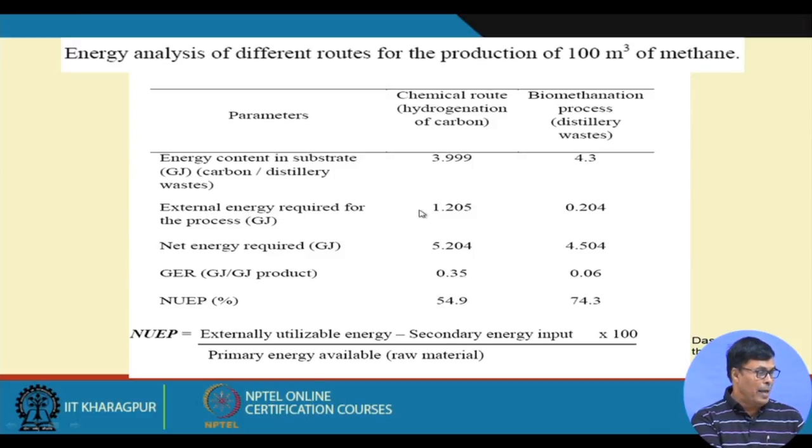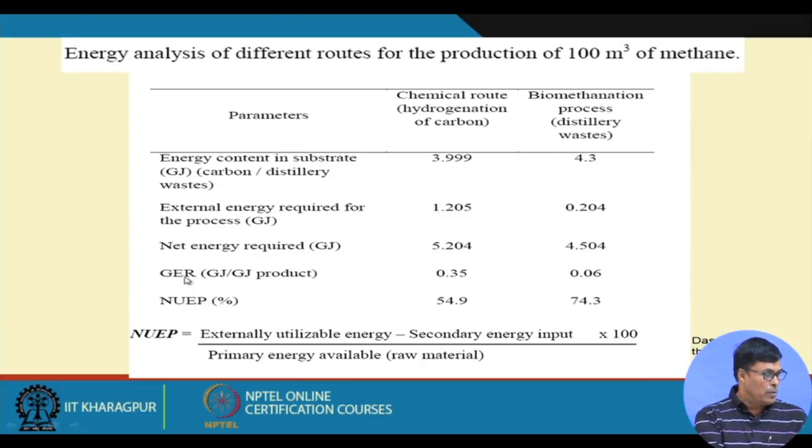The external energy requirement here is 1.205 gigajoule, and this is 0.204, because this process occurs at high temperature and high pressure, while this occurs close to ambient temperature and atmospheric pressure. So the net energy required, this plus this, will be like this, and this will be like this.